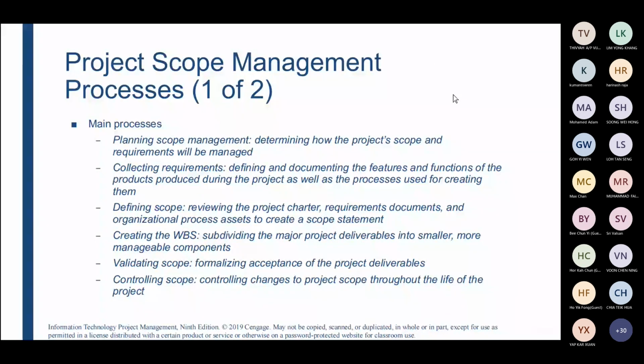Okay, next we're going to look at the processes in terms of scope management. What are the main processes in getting all your work done? One, planning scope management, determining how the project scope and requirements will be managed, especially requirements: system requirements, project requirements. Collecting requirements, defining and documenting the features and functions of the products produced during the project, as well as the processes used for creating them.